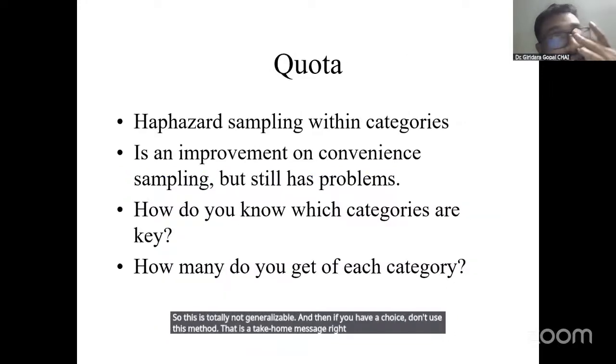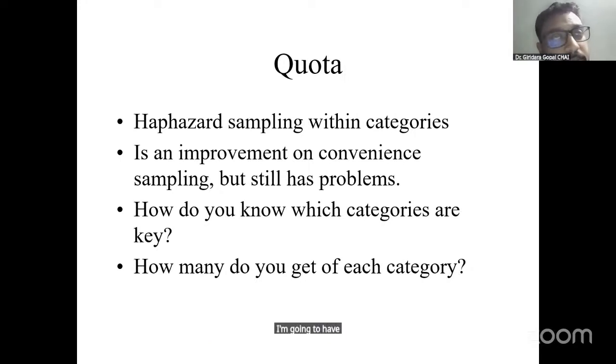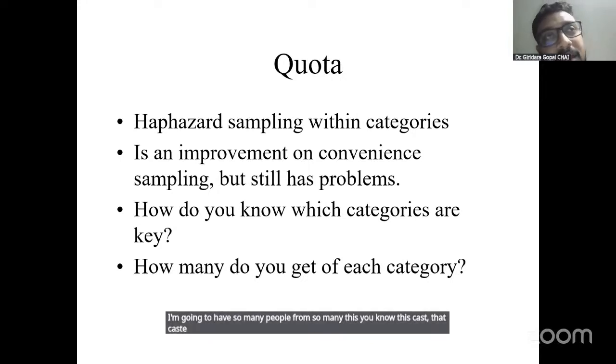Quota sampling, again, is a haphazard thing. As I said, mentally you decide, hey, I'm going to have so many males, so many females, so many people from this caste, that caste, this class, lower class, this state, that state, rural, urban. You already determine in your sample the proportion that you're going to get.